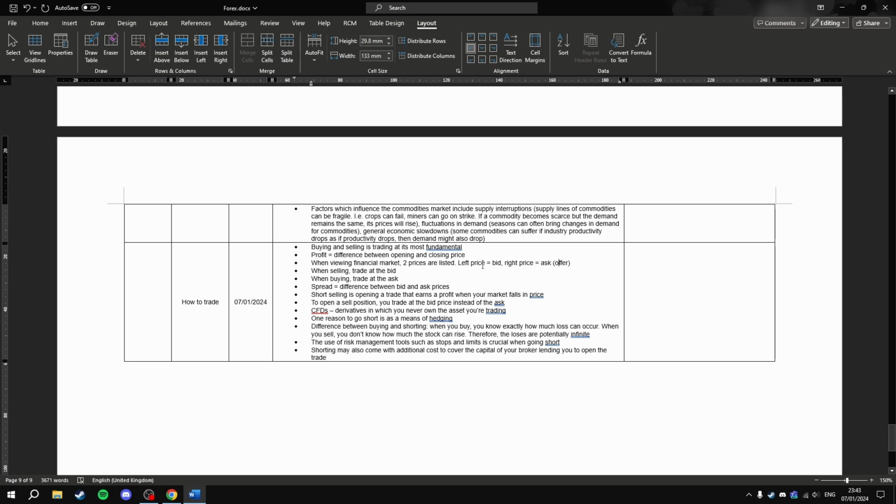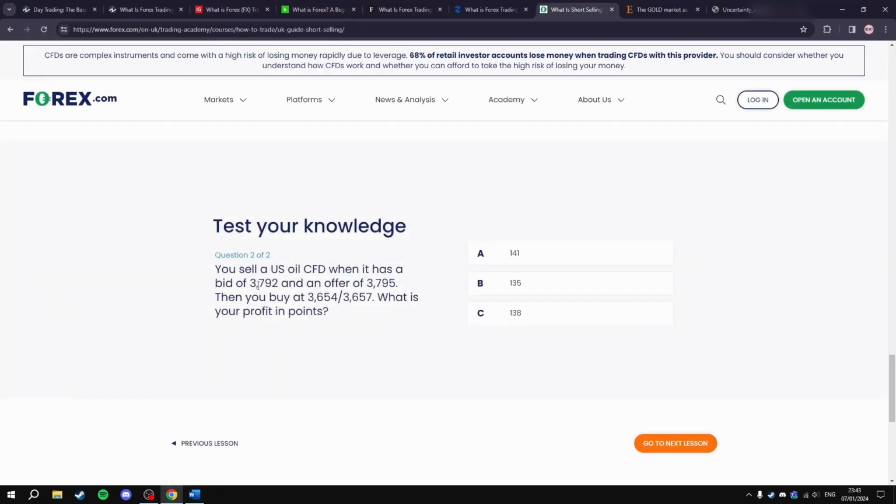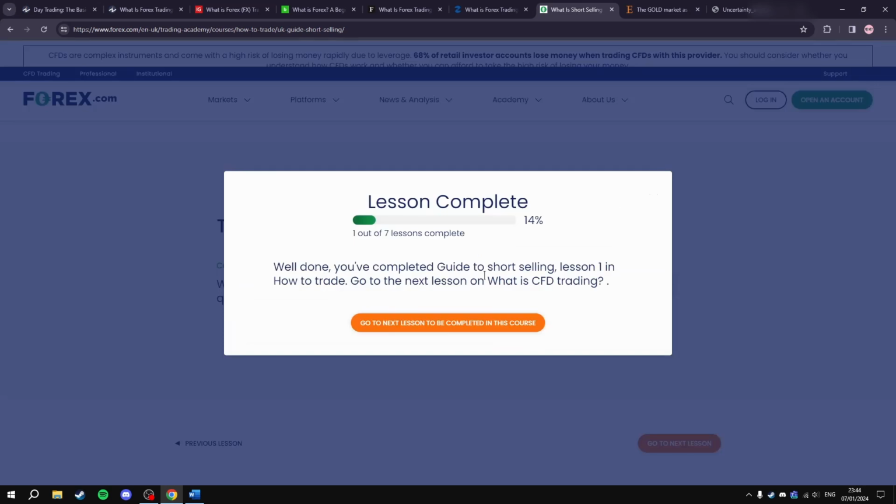Oh no, selling. Left price is the selling one. So that, and then you buy at the left. So it should be 792 minus 657, which is 35, so it should be that.